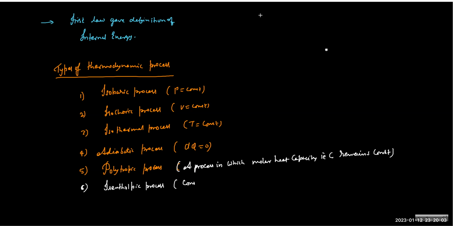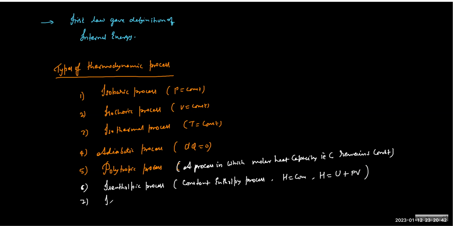Whenever you add two words where the ending and the beginning are vowels, we ignore the first vowel and continue with the second. So constant enthalpy process: we say H is constant. And what is the definition of H? It is U plus PV, right? We'll come to that.